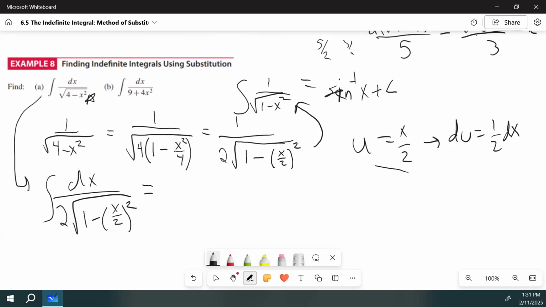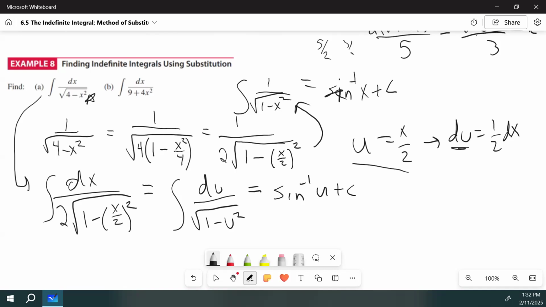Now, if I let du equal 1/2 dx, that's going to take care of the dx and the 1/2. So du. And then the x over 2 is going to be substituted with u, so this would be 1 minus u squared. Now this is going to be sine inverse of u plus c, which is sine inverse of x over 2 plus c.